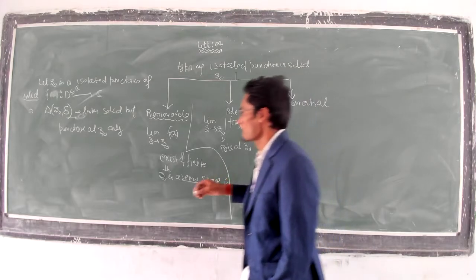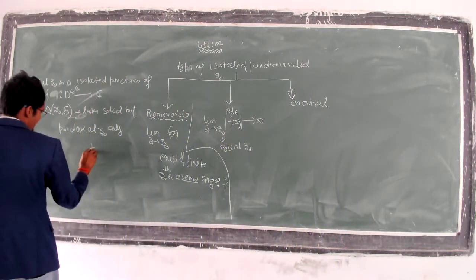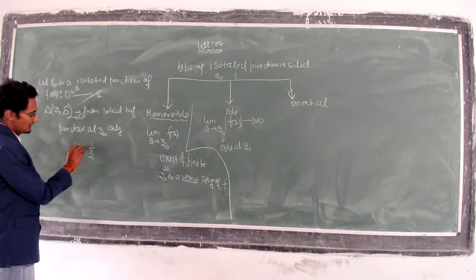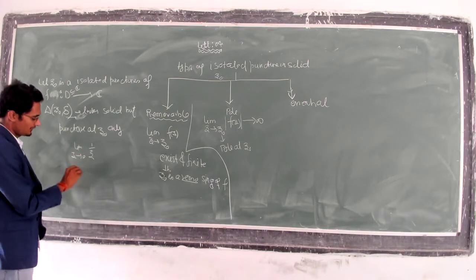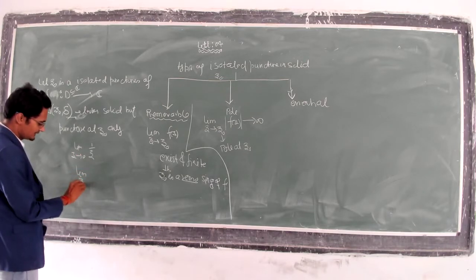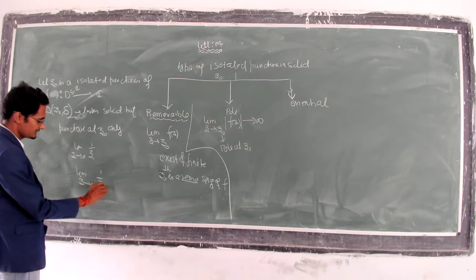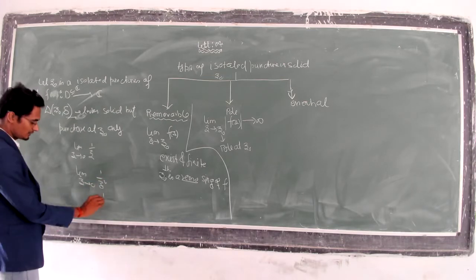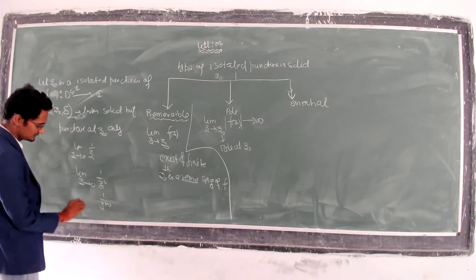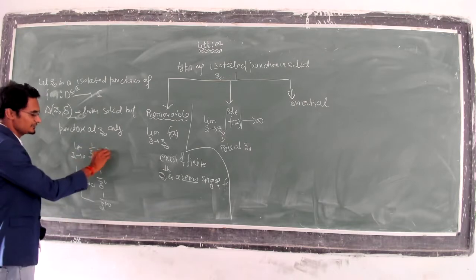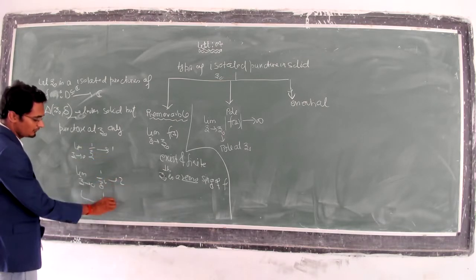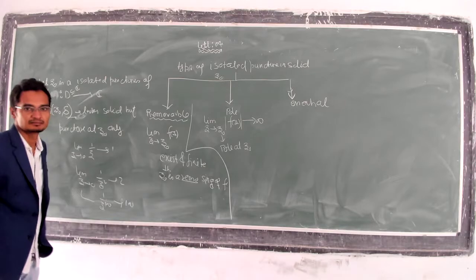For example, if you see 1 over z, limit z tending to 0, and limit z tending to 0 of 1 over z square, similarly 1 upon z power 100, this speed will be 1, this speed will be 2, this speed will be 100.